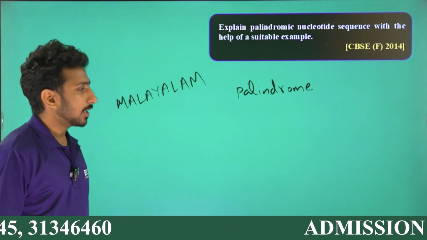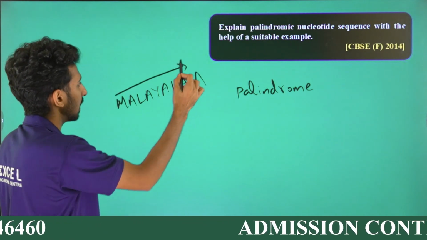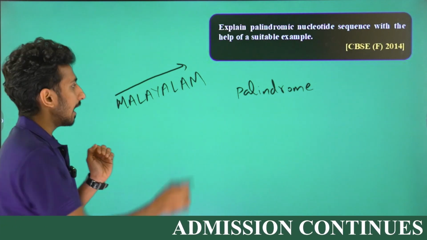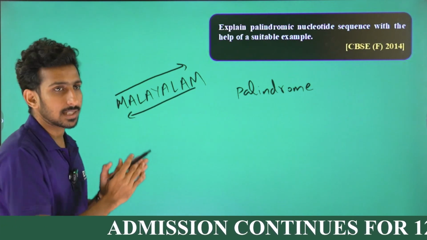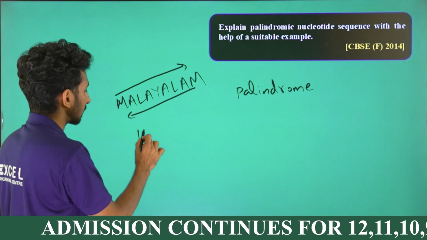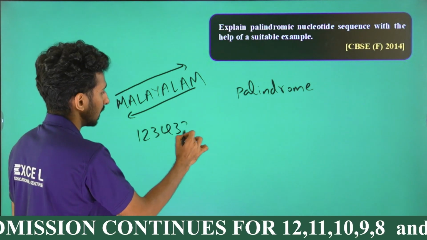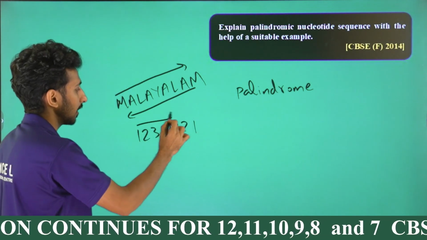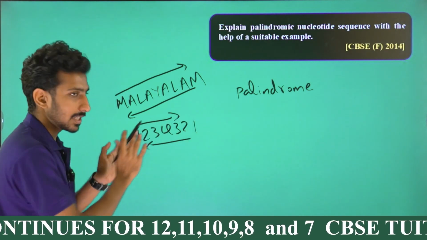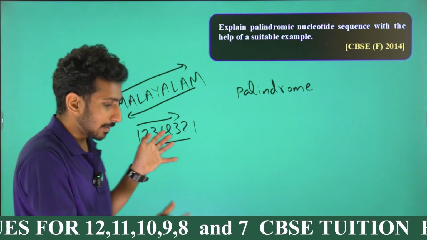If you read from here to here, you can read Malayalam, and from here to here also it reads the same, Malayalam. And palindrome numbers are there, 1 2 3 4 3 2 1. If you read from here to here and here to here, it is the same. Such things are called palindrome.